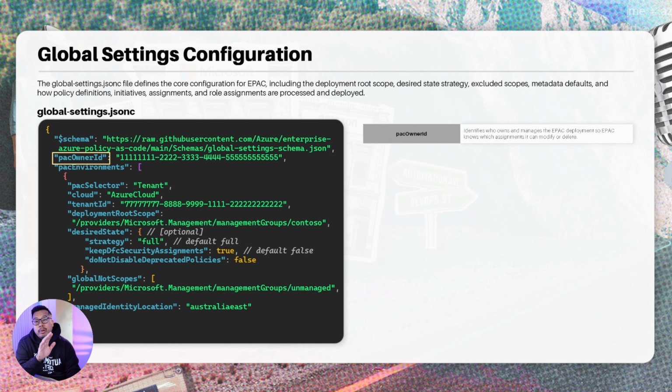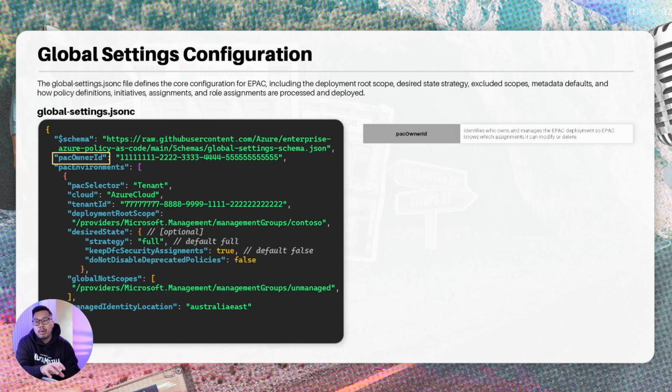Okay, so let's start with pacOwnerId. This attribute is very important. It's a unique GUID that identifies what manages this instance of EPAC. What I've discovered is that this metadata attribute, embedded throughout all the policy assignments, definitions, and things like that, is how EPAC identifies that it owns and manages them.